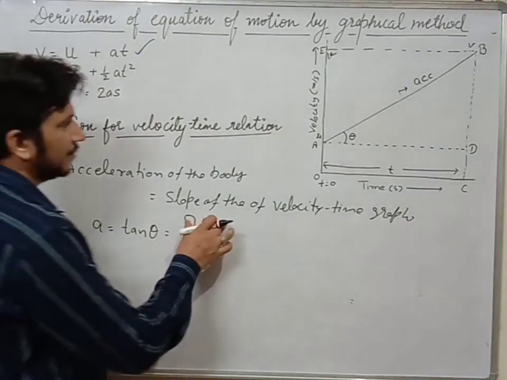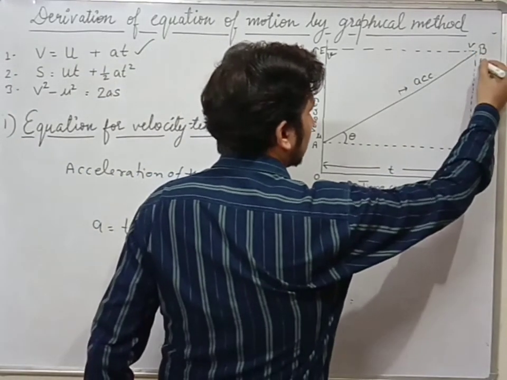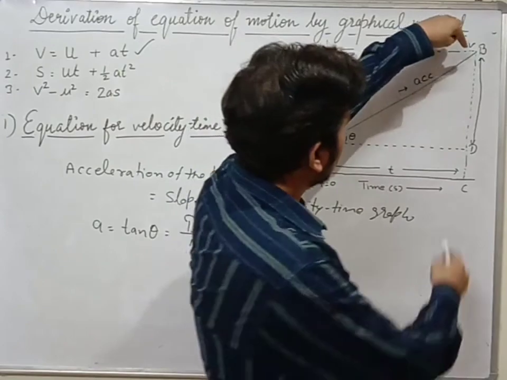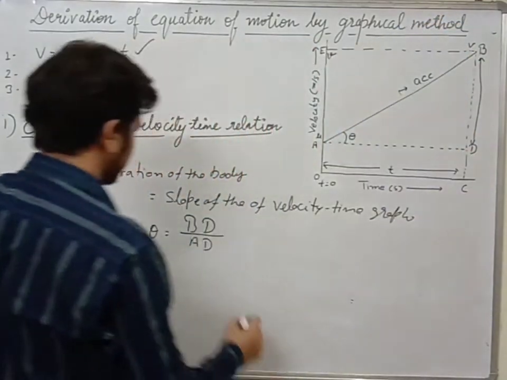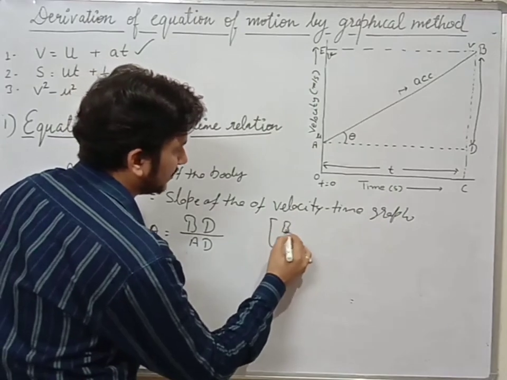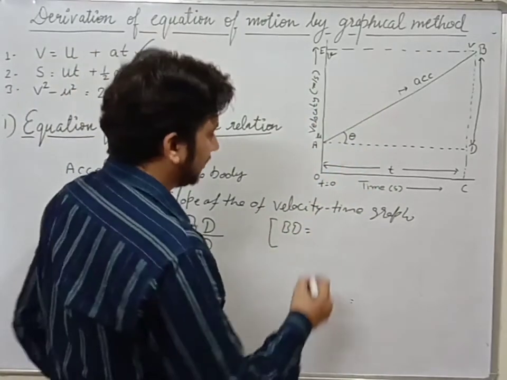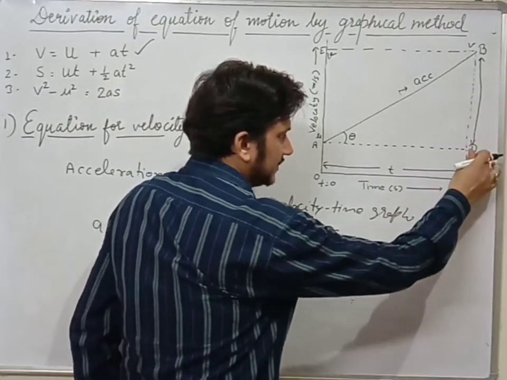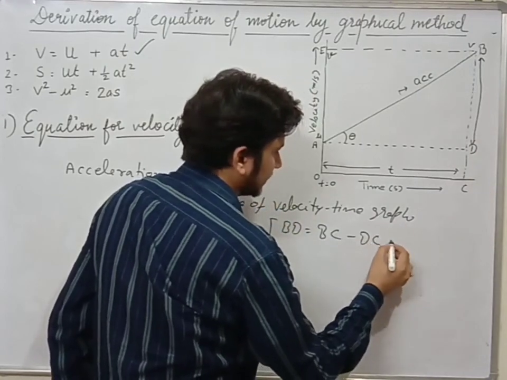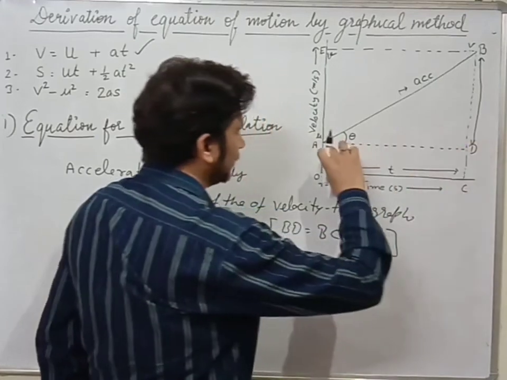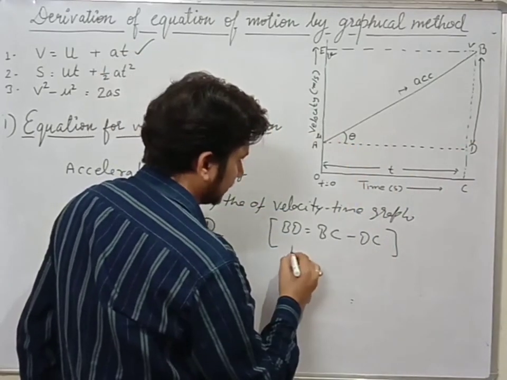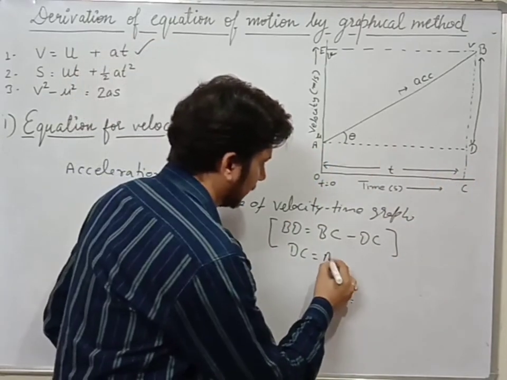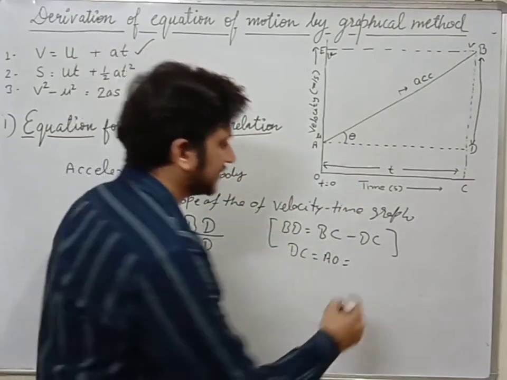Now BD equals BC minus DC, and DC equals AO, and AO equals the initial velocity u.